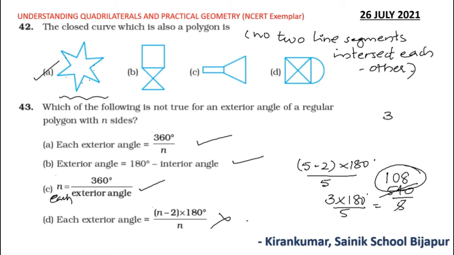It will be 360 divided by 5, which is 72 degrees. Here it is not the exterior angle; instead it is the interior angle. If it is the interior angle, this could be true. Now option D is the right answer for the question.